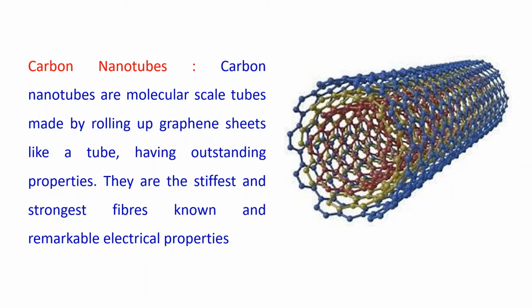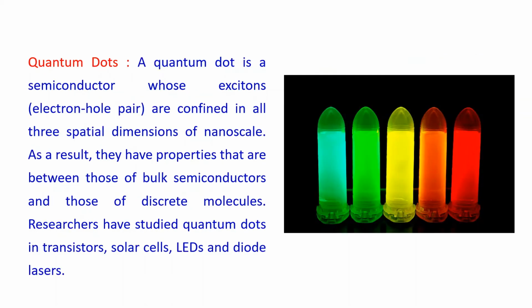And the carbon nanotube. Carbon nanotubes are molecular scale tubes made by rolling up graphene sheets like a tube. Having outstanding properties, they are the stiffest and strongest fibers known, with remarkable electrical properties.